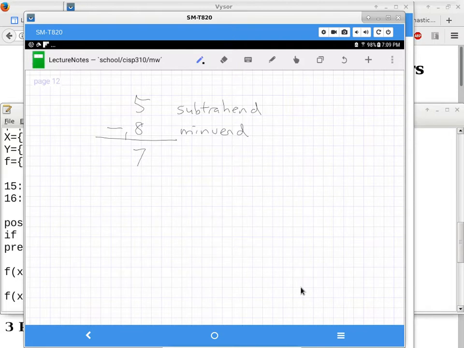But subtraction is not commutative, which means you cannot use that trick. 8 minus 5 is not the same thing as 5 minus 8. So that means subtraction is actually more difficult to learn from the perspective of a second grader or first grader, compared to addition. Is that okay?